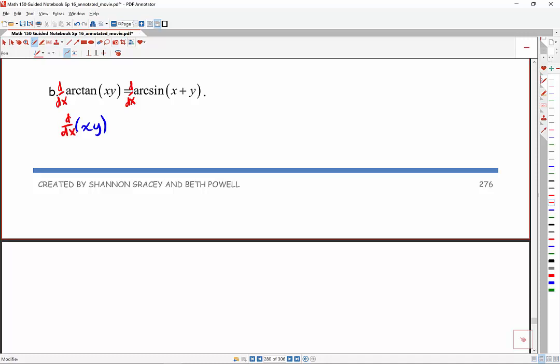That'll be divided by 1 plus xy, the quantity squared, so that's our left side. And that'll be equal to the derivative with respect to x of the sum x plus y, and that'll be over the square root of 1 minus the quantity x plus y, squared. Okay, so far? Good, good.